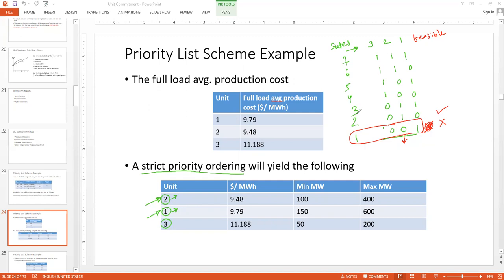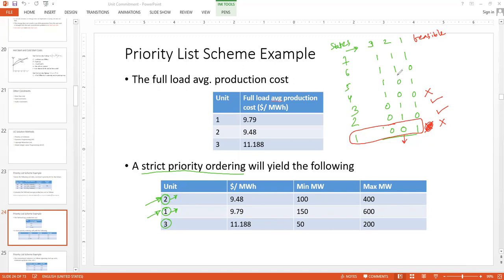Let's check state number 3. Here both unit 1 and 2 have to be turned on. So yeah, no problem. I'm turning on unit number 1 as well as unit number 2 while the lowest priority unit is off. So this is okay. State number 4, I have to turn on unit number 3 without turning on the higher priority units. So that is not a feasible state.